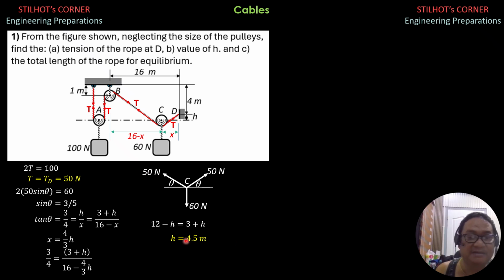From here, we can now set up the length of the cable. Beginning with the left, take note, this is 4 plus h. Then this is 3 plus h. This is the square root of the quantity 16 minus x squared plus the quantity 3 plus h squared.